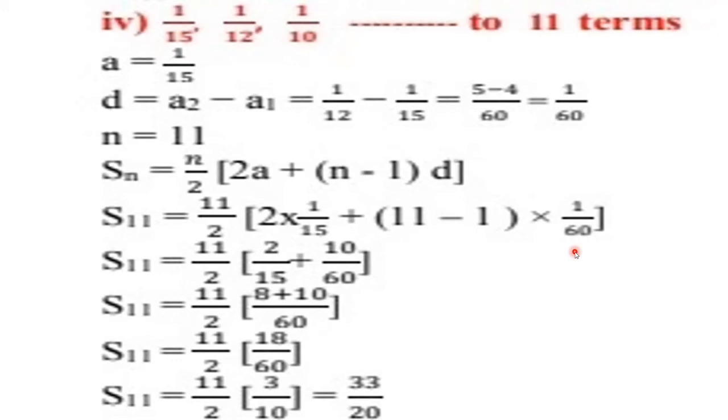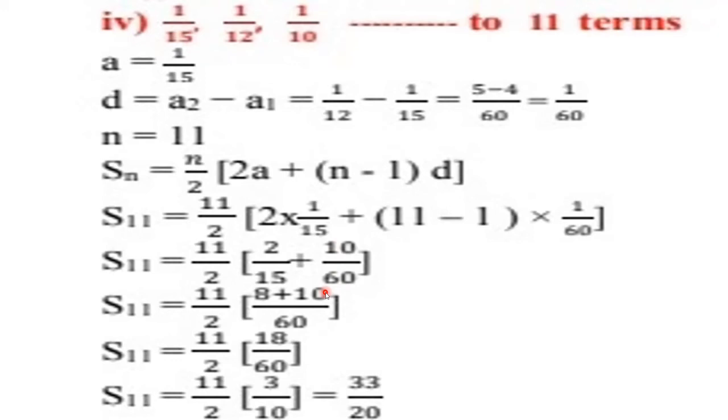Now it is time to go for the simplification. As you all know, 11 is not divisible by 2, keep it as it is, children. Don't worry about it. Also, 2 and 15 don't have a common factor, write as it is. Now 11 minus 1 is 10, isn't it? Write 10 into 1 over 60, which is nothing but 10 by 60.